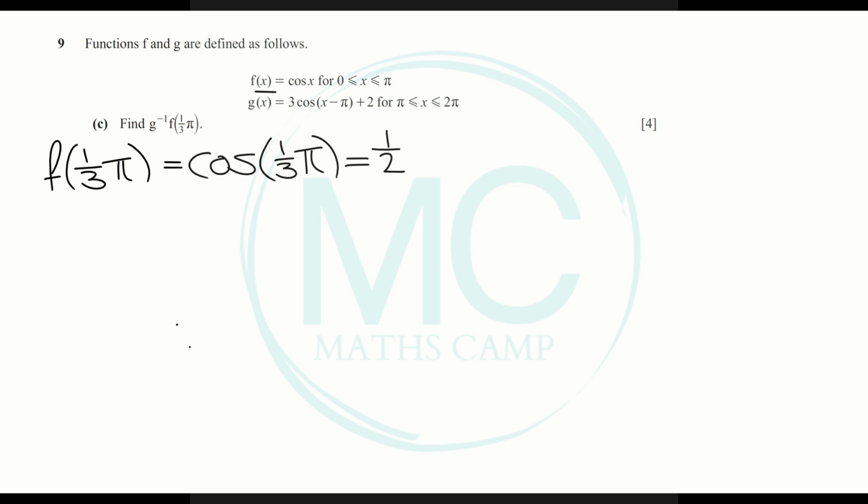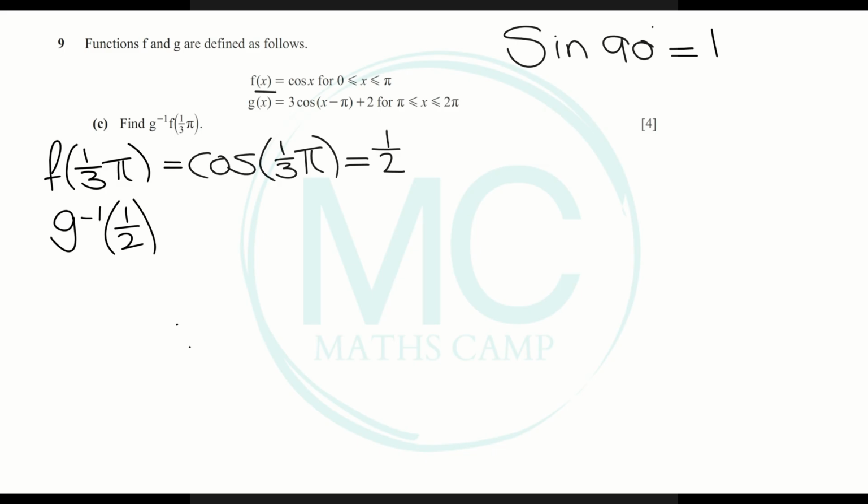Now we're working with the equation g to the -1 of 1 over 2. When we see g to the -1, f to the -1, it normally tells us that we are working with inverse functions. But remember that in this question, we are working with trigonometric ratios. As an example, we know that sine 90 degrees is equal to 1.